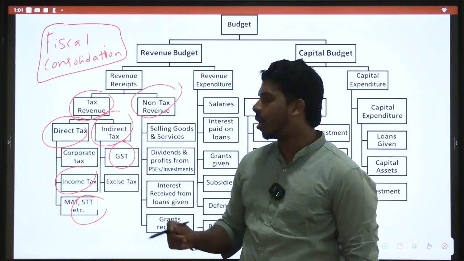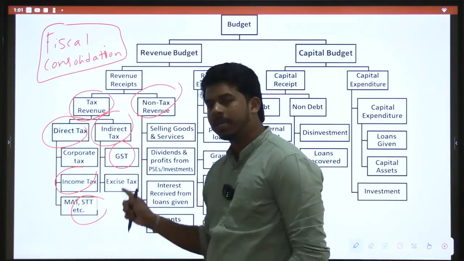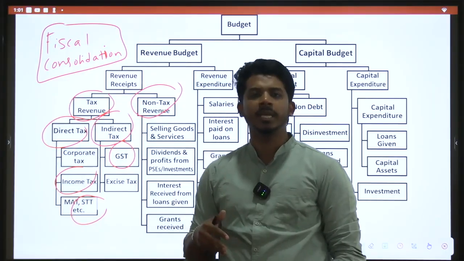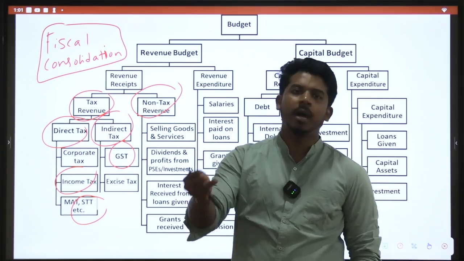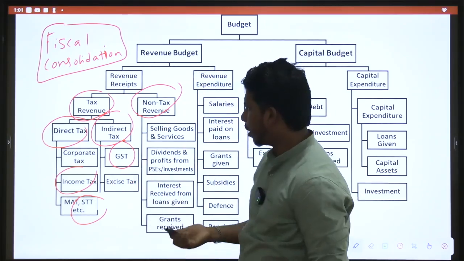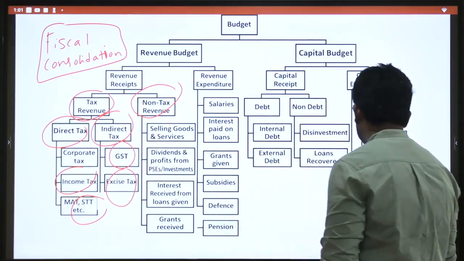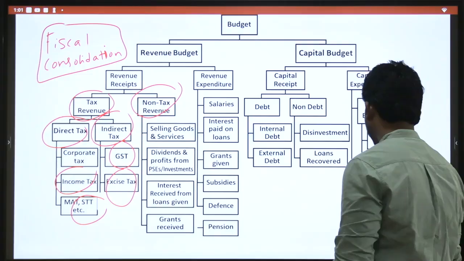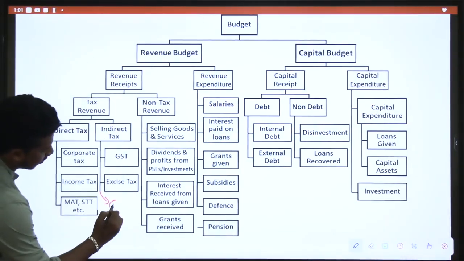Indirect means you are not paying it on your income, you are paying it on consumption. When you are consuming a thing, you will pay GST. You are going to a restaurant, you are consuming things, on the value of consumption, you will pay some GST. Then there is excise tax. You can also add something like customs tax here. So there is another type of indirect tax, customs tax.